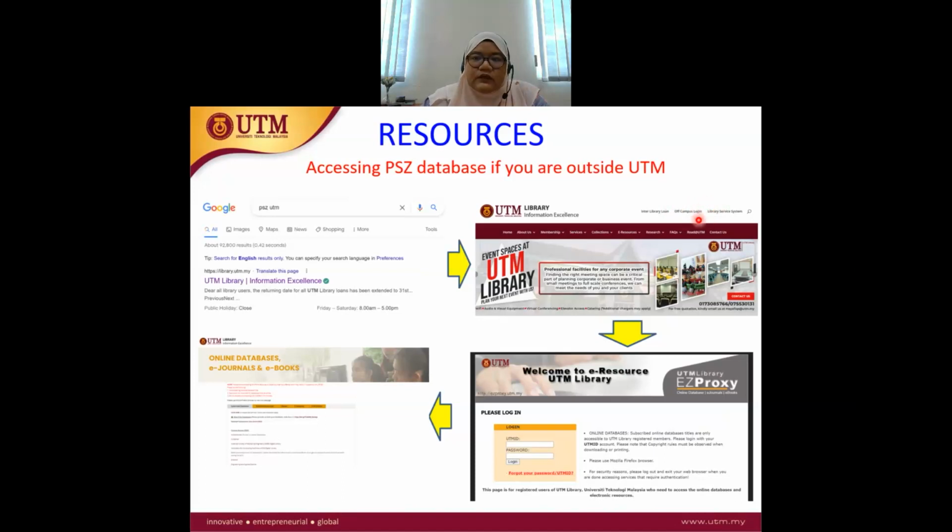You just log in with your UTM ID and password, and then you can find all the online databases, journals, and ebooks here. You can choose any of your interest.